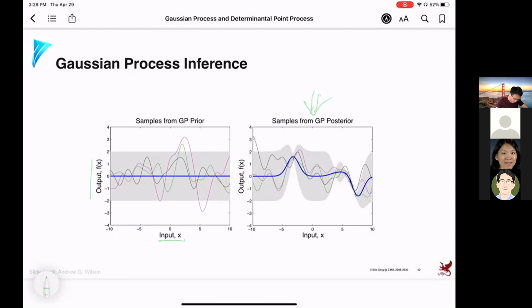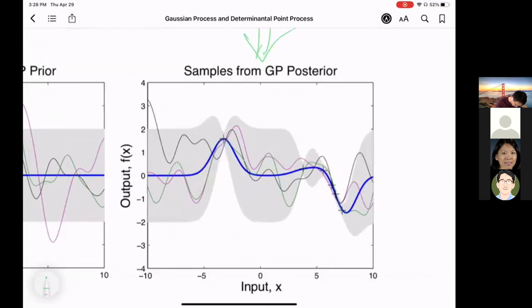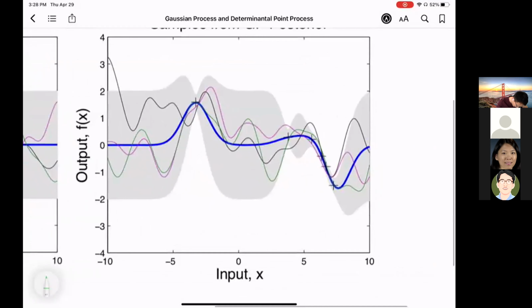Here, if we assume some local smoothness, if we use the kernel function, I guess in this case they use the kernel function based on the distance. These crosses indicate the data points I observe.